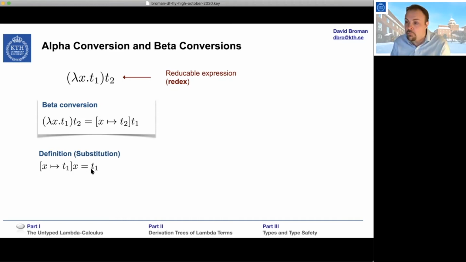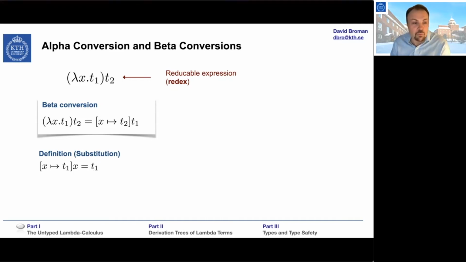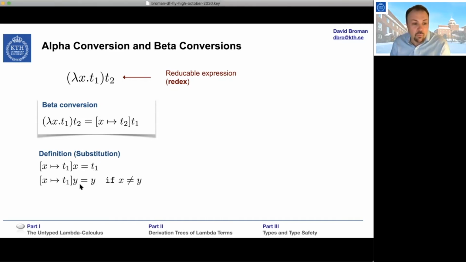Which other forms do we have? We have another variable. So here x was equal to x, it's the same x, right? But if we have y, and there x and y are not the same, nothing should be changed, right? Then we should keep y.